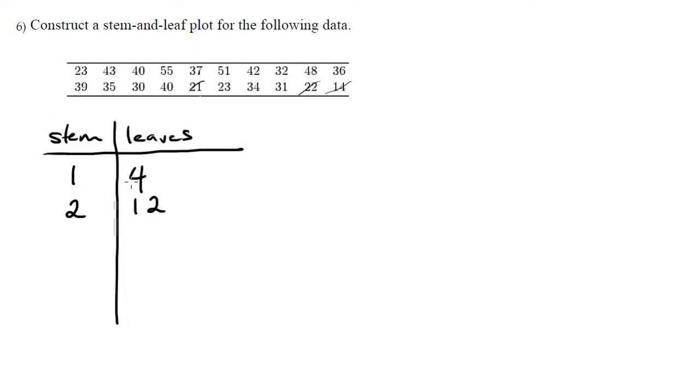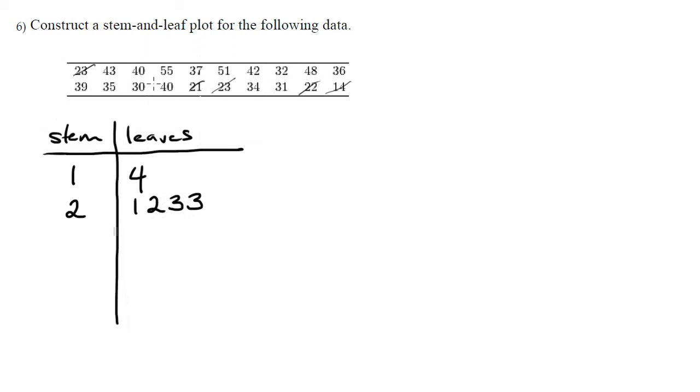This is saying that 14, 21, 22 are all in my data set. Next value, 23. Now I have another 23, so I need to show that I have 2 23s. So 21, 22, 23, 23. Nice, quick way of being able to determine that. I have a 21, 22, and I have 2 23s.